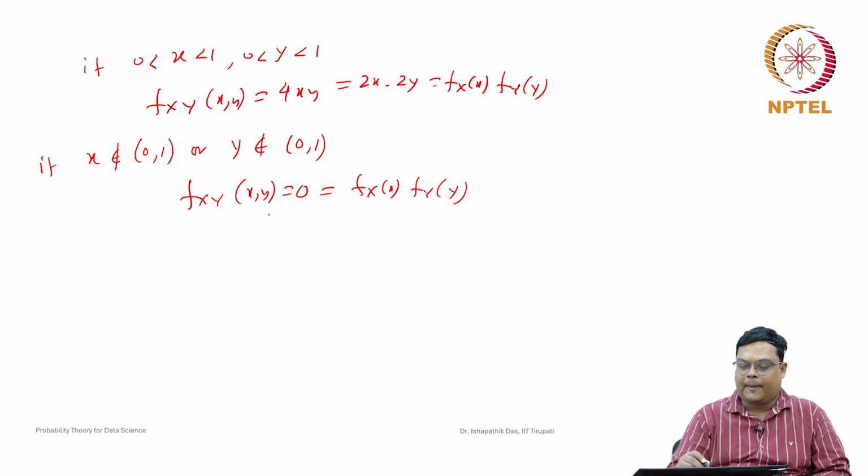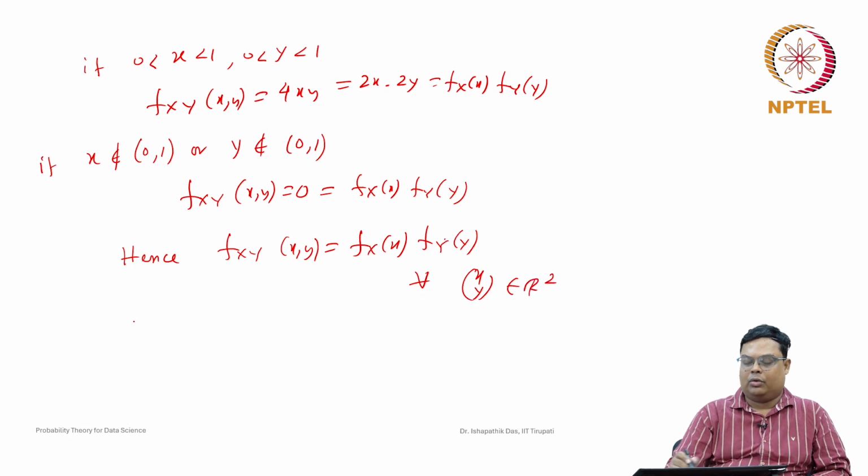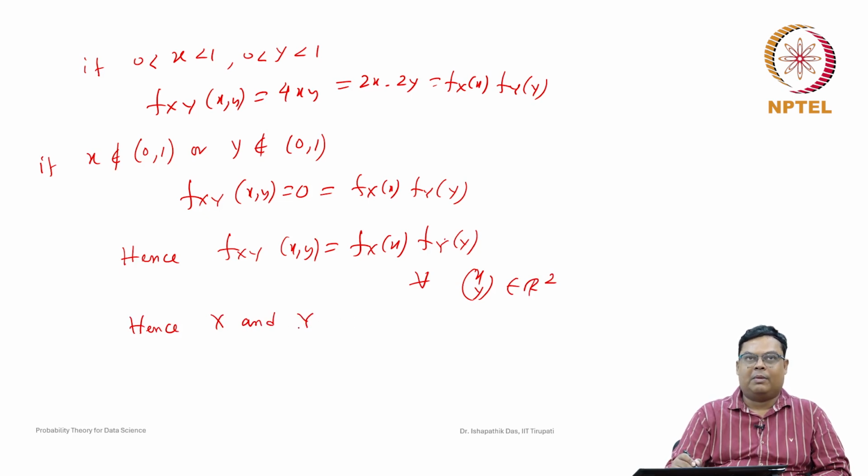So, hence what we found is that f x y of x y is equal to f x x into f y y for all x y belonging to R, or we can say this vector belongs to R2. Hence, by definition, or from the properties of independence, x and y are independent random variables.